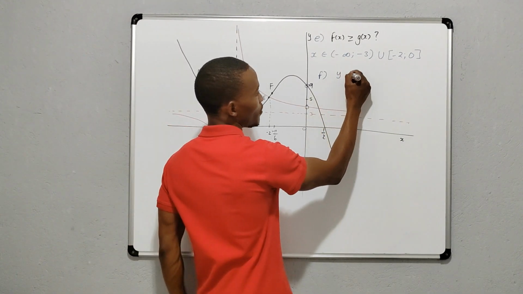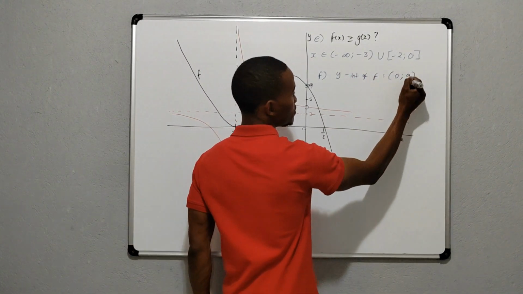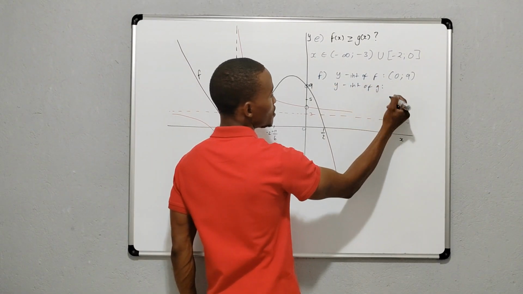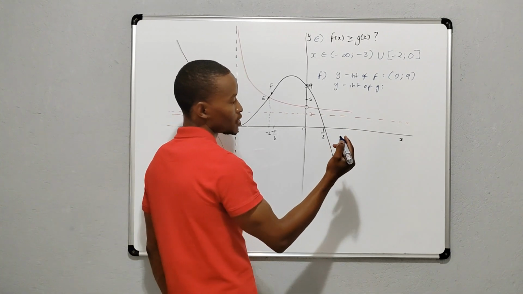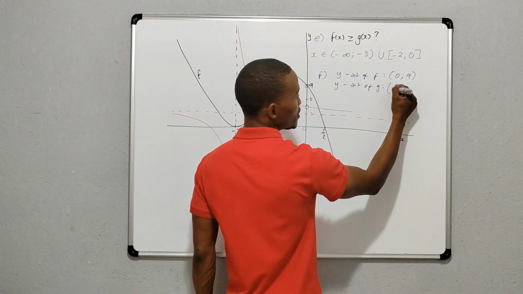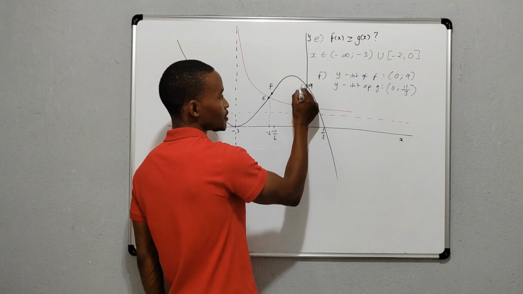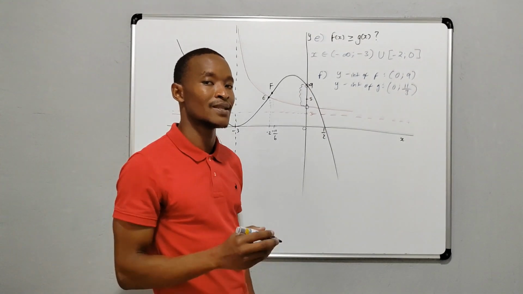Okay, we know that the y-intercept of f is definitely 0, 9, so that y-intercept of g, if you substitute 0 in the equation of g, you get 2 over 3 plus 3, giving you 11 over 3, 0, 11 over 3.